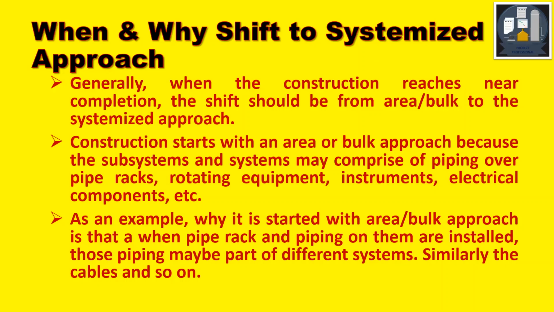We start laying because those pipes may belong to different systems and subsystems, so we cannot adopt the systemized process. Similarly, the cable is going, and they might be part of different systems and stuff like that. That's why it's an area or bulk approach at the start. But as we go on, the scenario changes.